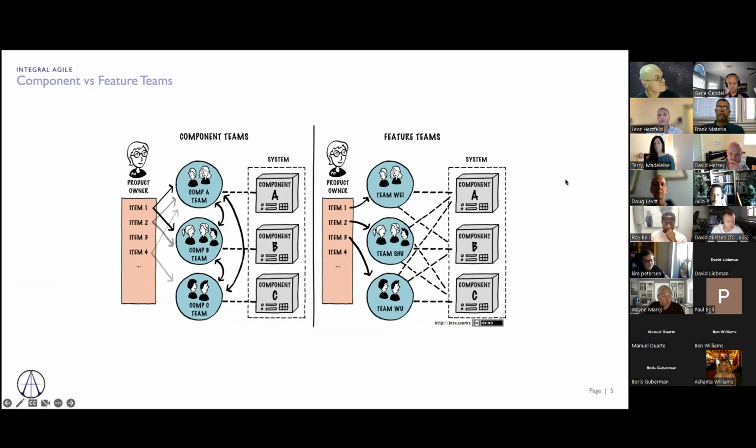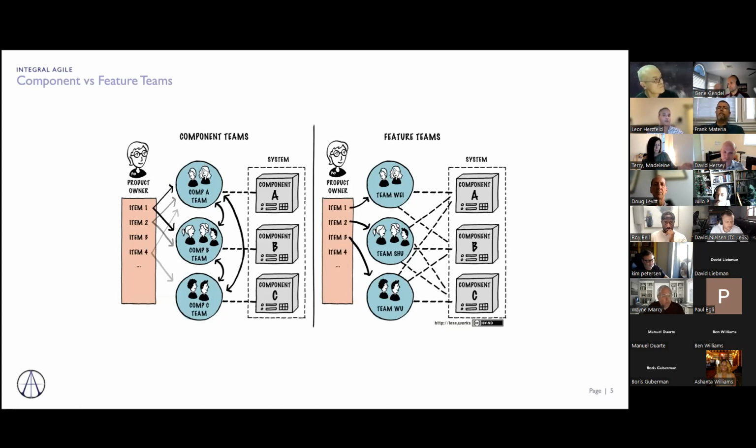The difference between component and feature teams is that component teams work on technological components, many of which, once put together, will create a feature that a customer cares about. If a customer is trying to add an item to their shopping cart, the item adding to the cart itself, the cart noting that the item was added, and the ability to view the cart might all be supported by different components.